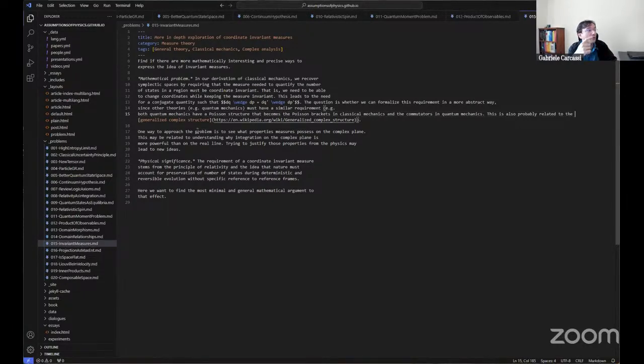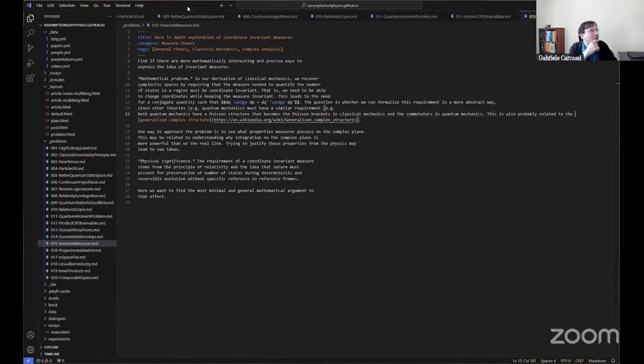And so if we were able to encode this mathematically precisely, then we might be able to say that a generic state space that has this feature has this structure, and then you recover classical mechanics and quantum mechanics because you have this structure. So that's the piece that I'd really like to abstract.